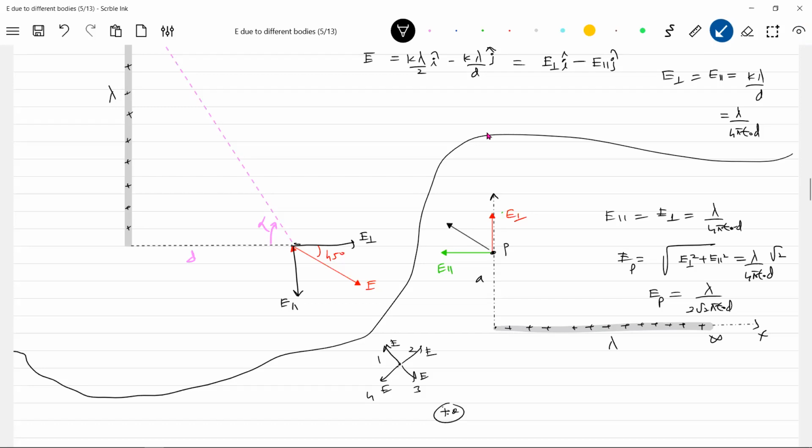It will make an angle of 45 degrees. Because the magnitudes are equal, root 2 will come. 4 you can write as 2 root 2. So finally this will be the magnitude, and it should make an angle of 45 degrees. So the rod need not always be along the y-axis. The rod can be along the x-axis or any other direction. Even the rod can lie in some plane. I'll ask you to find out the field.